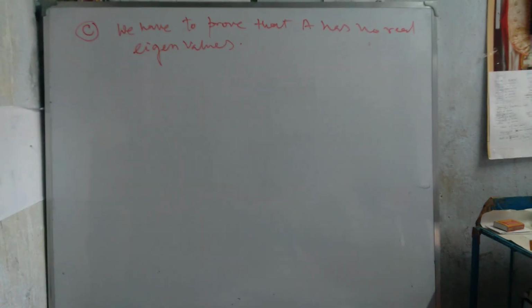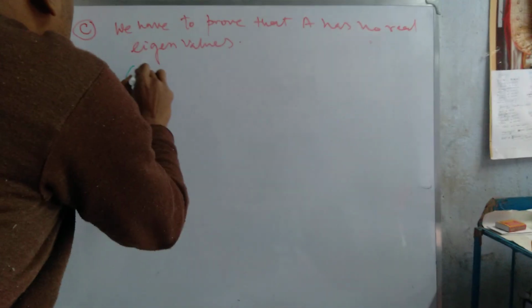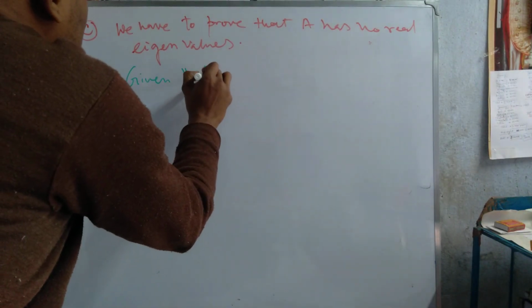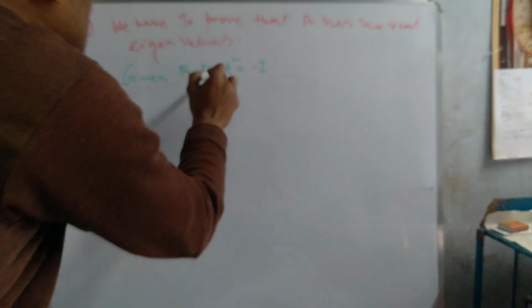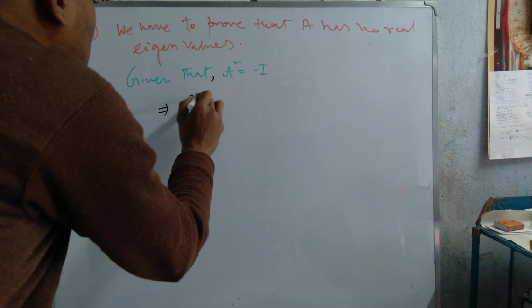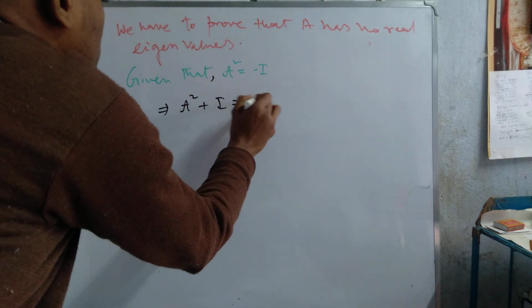What is given here: A square equal to minus I. This implies that A square plus I equal to 0.